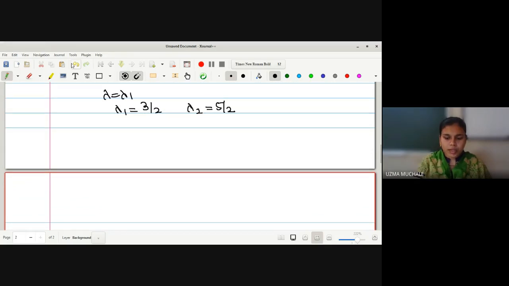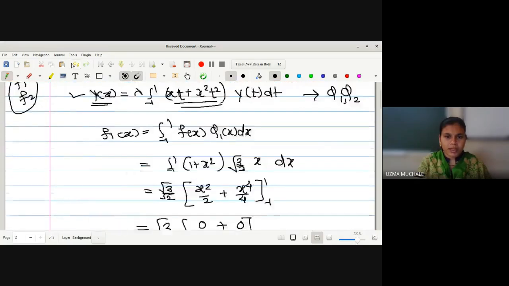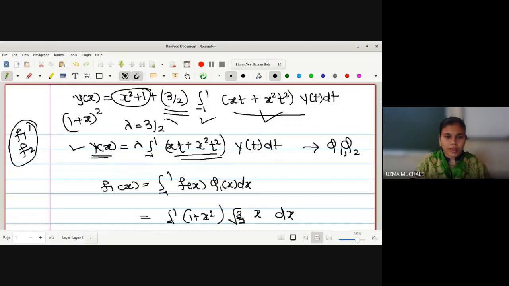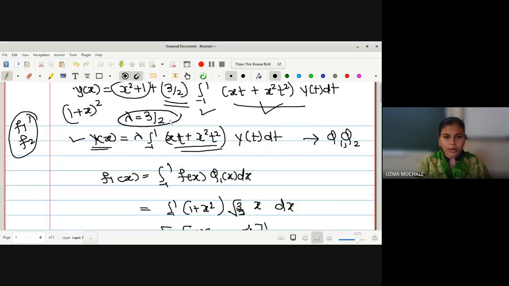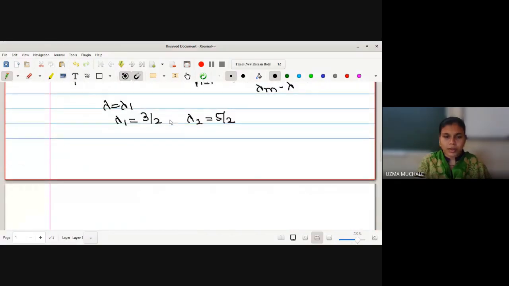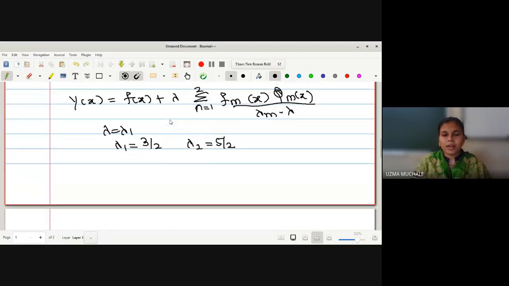Here in this case, the value of lambda provided in the equation itself is 3 by 2. So now we come to the case of lambda equal to lambda m. If lambda equals lambda m, what will be the case? 1 upon 0, that is infinity. But this is only true for the first one. Here we can say that lambda is not equal to lambda 2. So in this case, we go for infinitely many solutions. Okay.